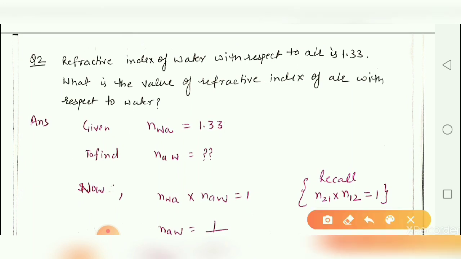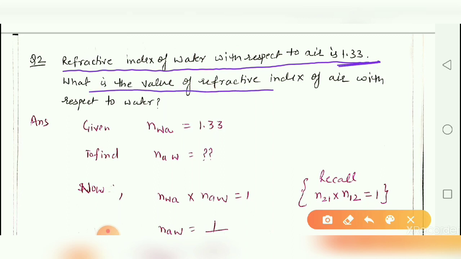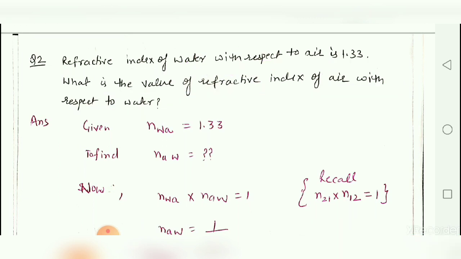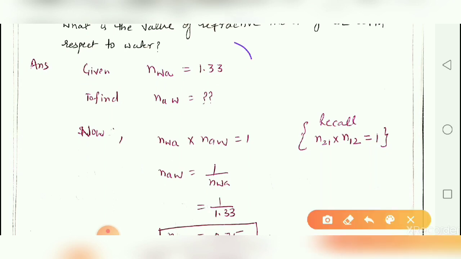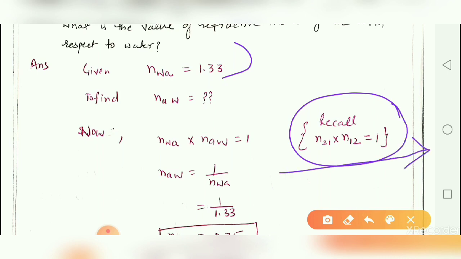Now let us do the next question. The refractive index of water with respect to air is 1.33. It is given. And what is the value of the refractive index of air with respect to water? Here we have water with respect to air, and we have to find air with respect to water, that is the reverse. For solving this, first we write down the given and recall what we did in the previous class.